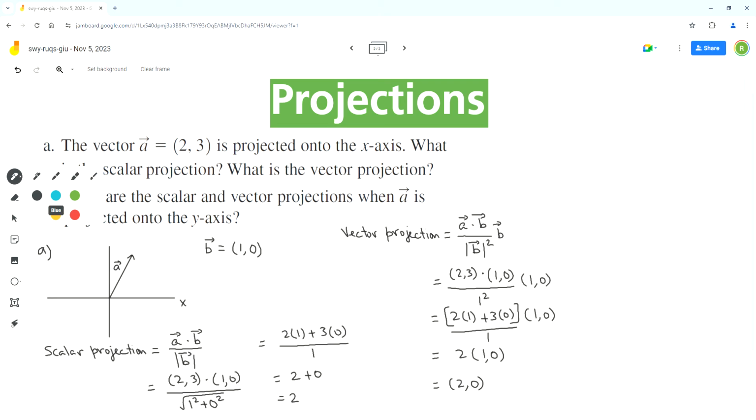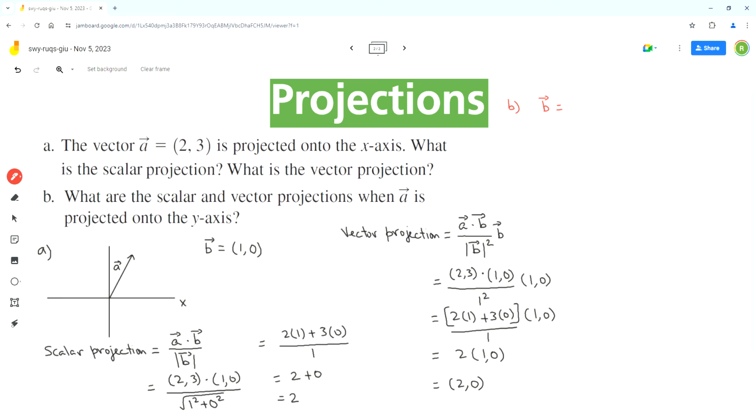Now we can do part B. In part B, we have to find the scalar and vector projections when vector A is projected onto the y-axis. So first, we'll write a vector that represents the y-axis, and that can be vector B, and it can be the position vector for any point that lies on the y-axis.